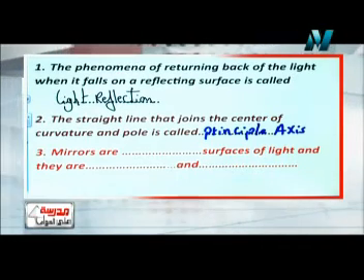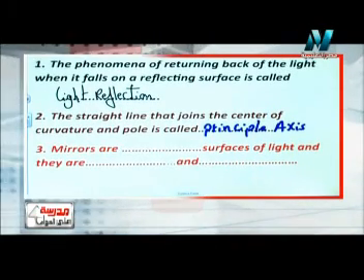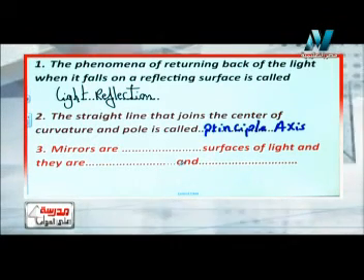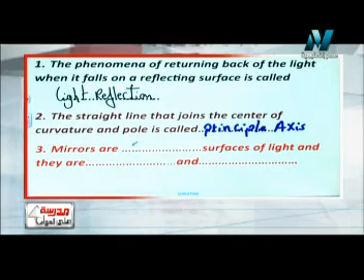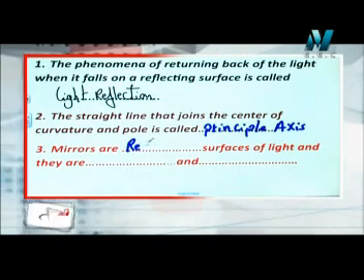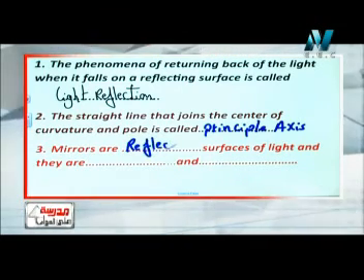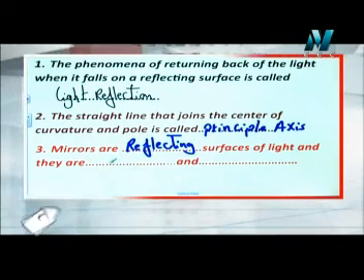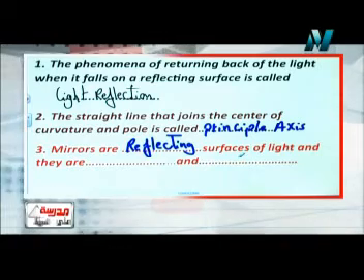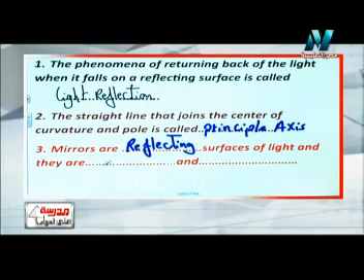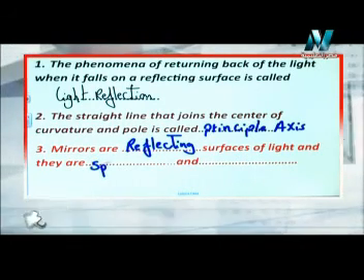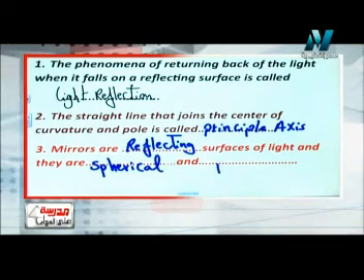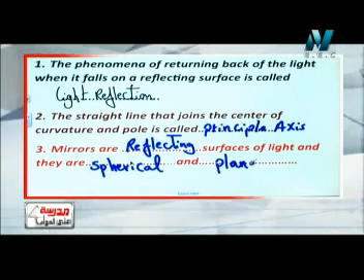Number 3, mirrors are what surface of light, and they are what and what? Reflecting. Reflecting surface. Yes, yes, sir. يبقى reflecting surface. And they are what and what? Here we have two types of mirrors as spherical mirrors and plane mirrors.